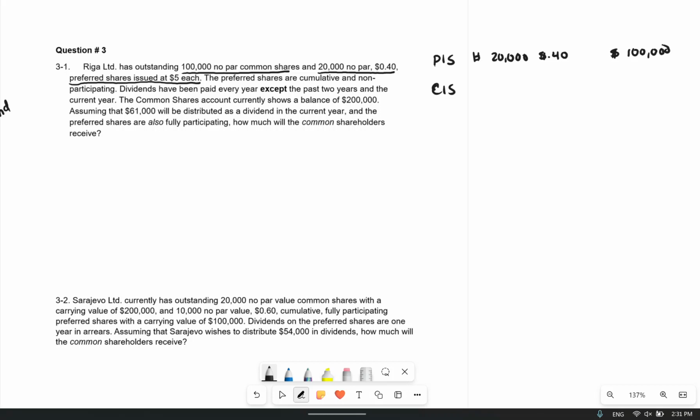The value of my preferred shares will be 100,000. How did I get that 100,000? They told us in the question they were issued at $5, so 20,000 times 5 gives me 100,000. And what is 40 cents? It is the dividend that we're paying them. They said the preferred shares are cumulative and non-participating.